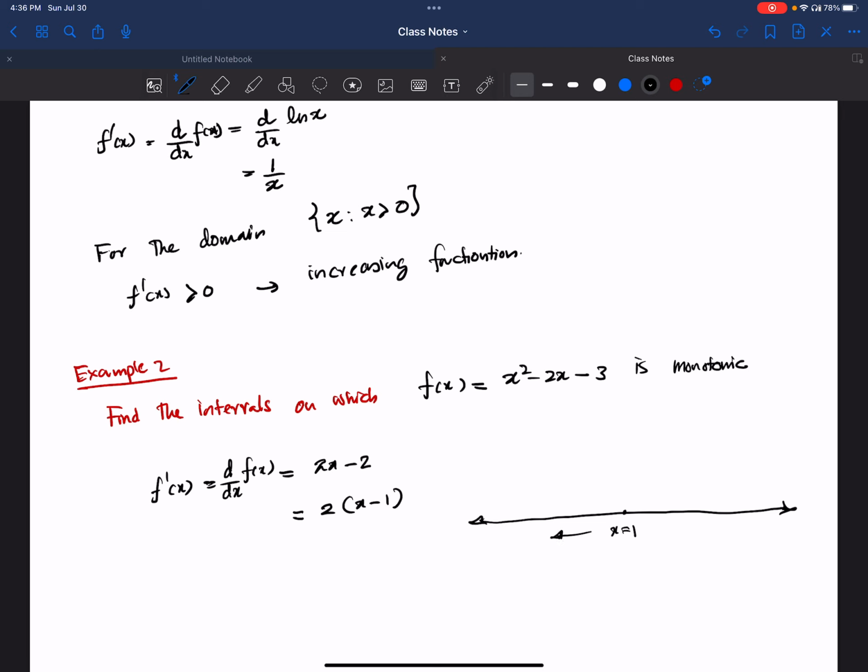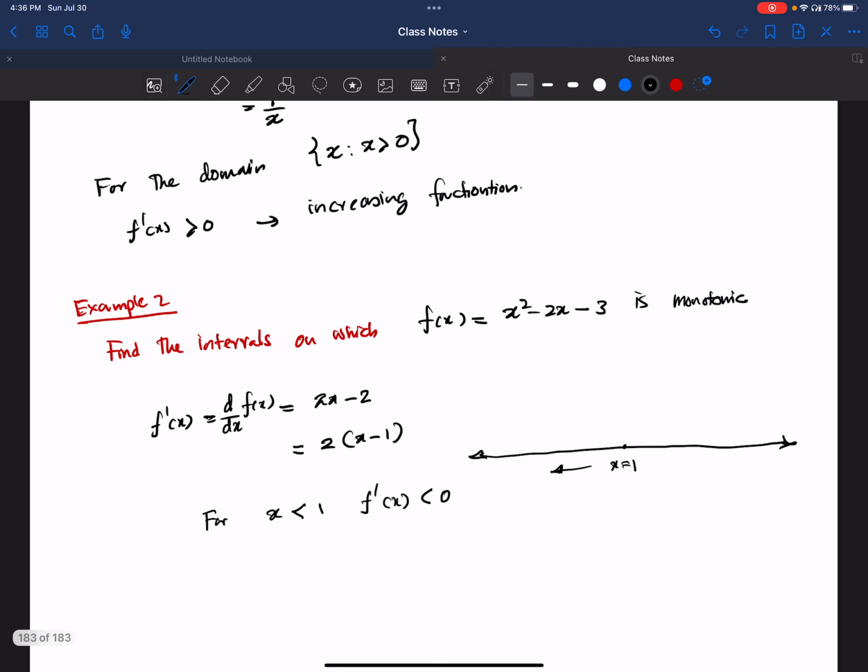For any value less than 1, this is negative. For x less than 1, f prime of x is less than 0. That is, it is decreasing. So this side is decreasing. And then for values x greater than 1, f prime of x is greater than 0. So this side it is increasing.